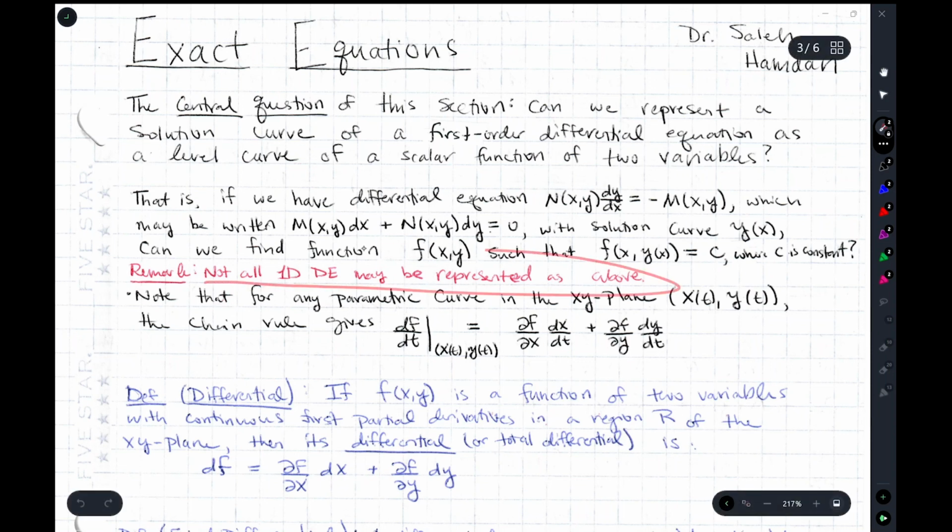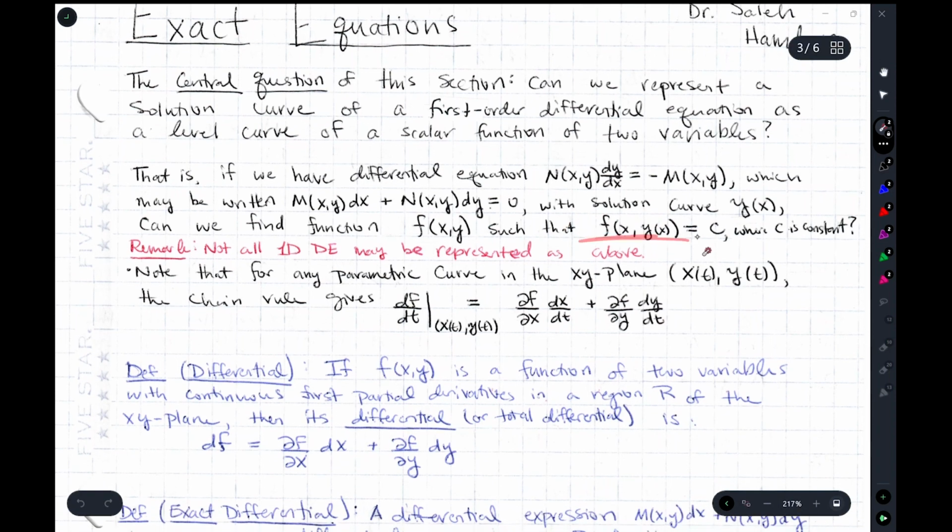And not all differential equations are afforded this, okay? In a trivial way, you could take any curve in the xy plane and consider it a level curve, okay? But here we're solving for f directly, okay? So our goal is to get f, and this in turn will give us the solution curves as level curves.